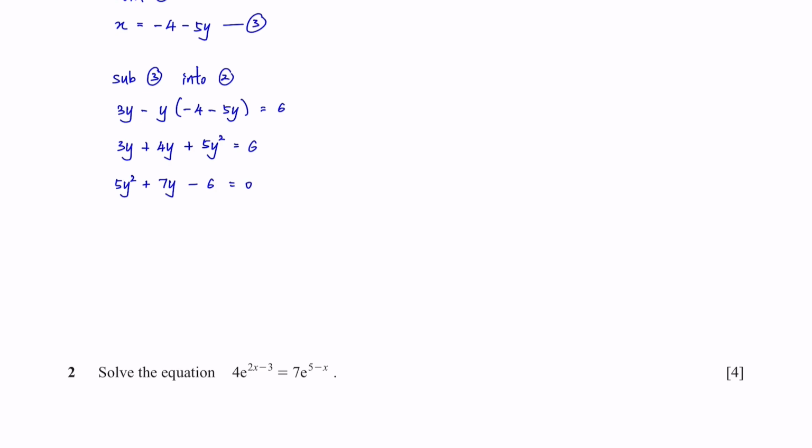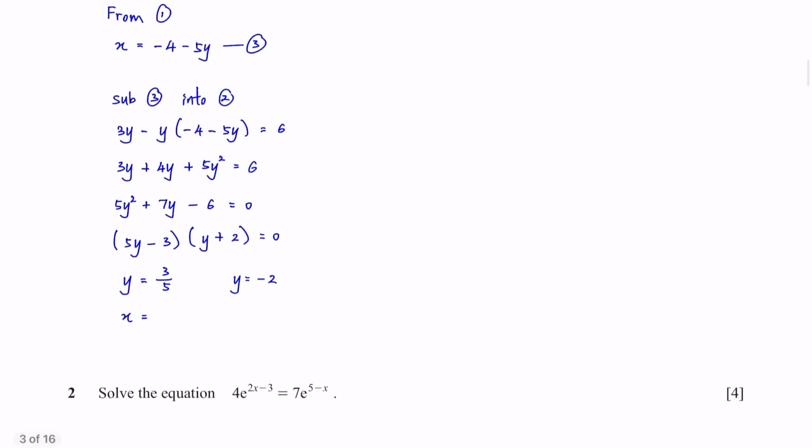So now we can factorize the equation. We would get (5y minus 3)(y plus 2) equals 0. So now we know that y equals 3 over 5 and y equals -2. So now we calculate the value of x.